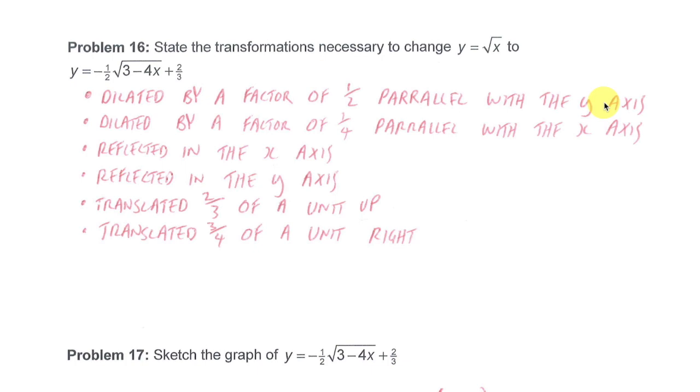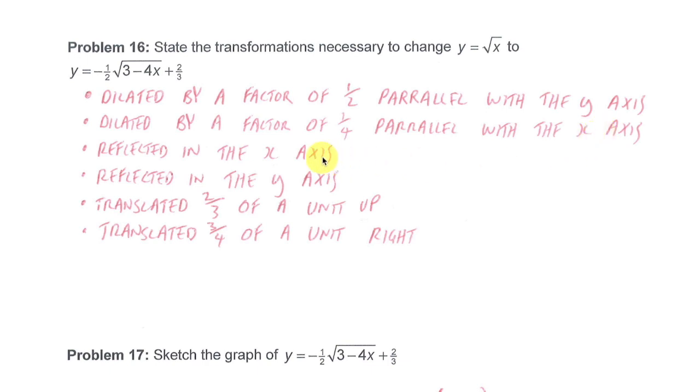That is, every y value on this original graph has been multiplied by a half. The effect of this -4, dilated by a factor of a quarter, parallel with the x-axis. So now what we're doing is looking at all the points, taking the x values and multiplying them by a quarter.